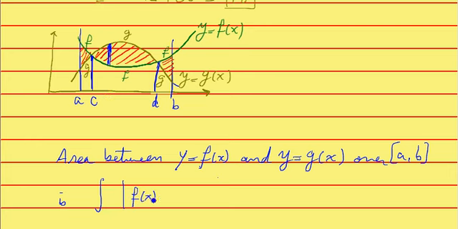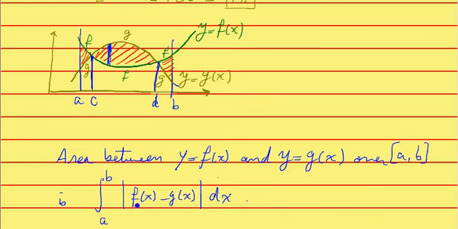If you write f of x minus g of x in absolute value, then the absolute value automatically corrects the sign for you. So if f minus g here is negative, the absolute value forces it to be positive. So that's the height multiplied by the dx, that's the width, and then you are supposed to integrate from A to B.